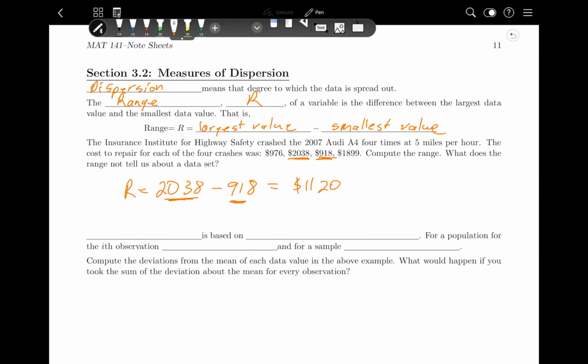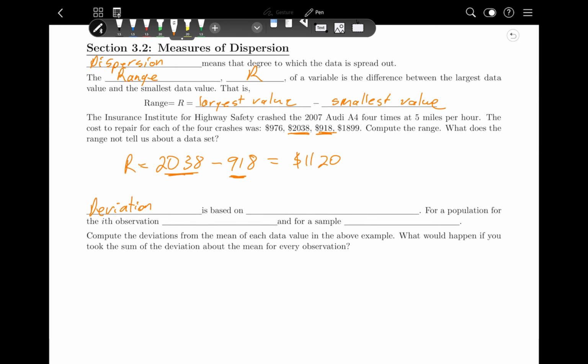So deviation is another way to talk about this idea of dispersion.